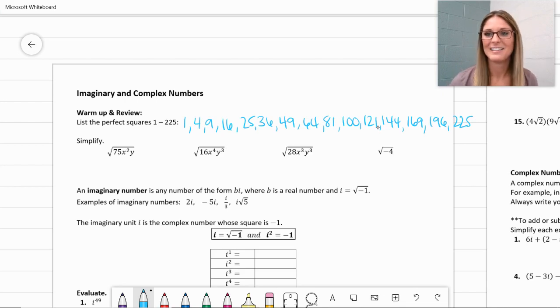Just reviewing. They're good to know. Obviously, probably 1 through 36 are the only ones we're really going to need when it comes to simplifying our radicals.